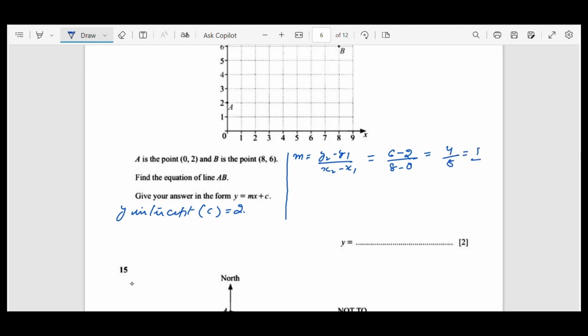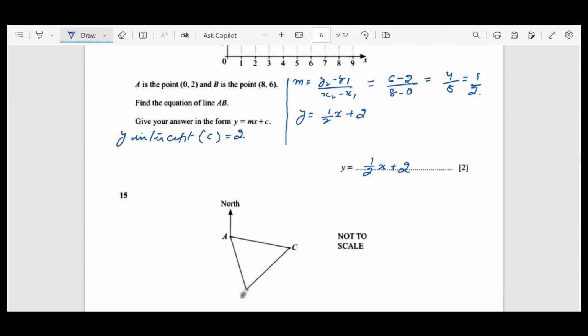This is equal to 1 by 2. So y will be equal to 1 by 2x plus 2. So our equation is this. So y will be equal to 1 by 2x plus 2.